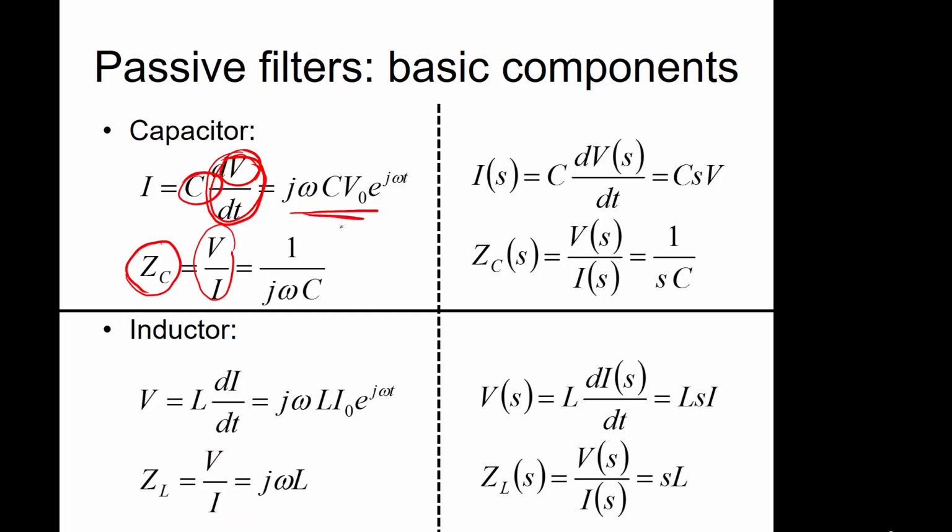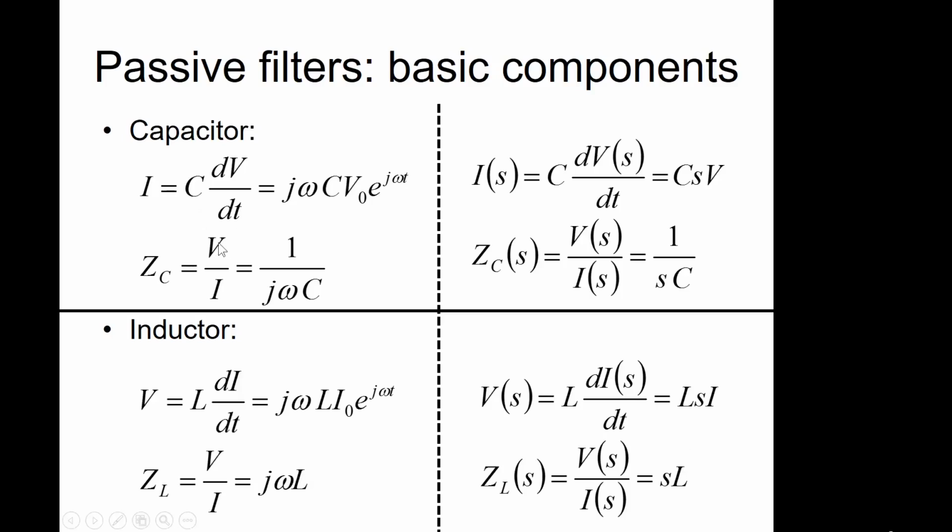So 1 divided by the other, cancel out common terms, and you get 1 over j omega C. So the impedance of a capacitor is inversely proportional to the frequency of the electrical signal. So as the frequency goes up, the impedance of a capacitor goes down. So I will just clear that.